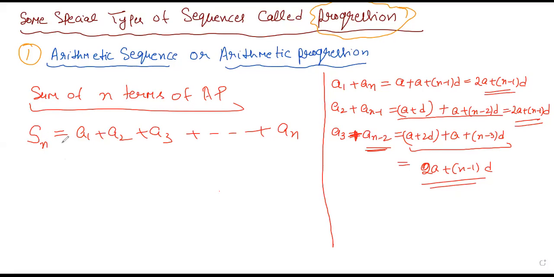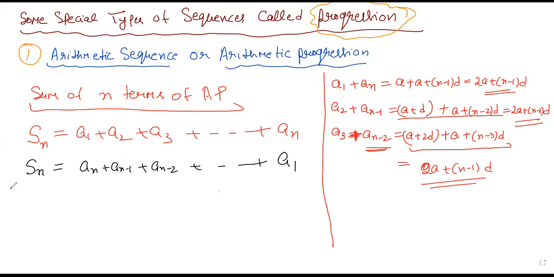So students, for finding this, I am creating a concept. Right here Sn once again, and the sum of the terms in the reverse manner, and so on. At last what will come? a1. I started from an and ended at a1. It is the same thing, whether you add 1 plus 2 plus 3 or 3 plus 2 plus 1.